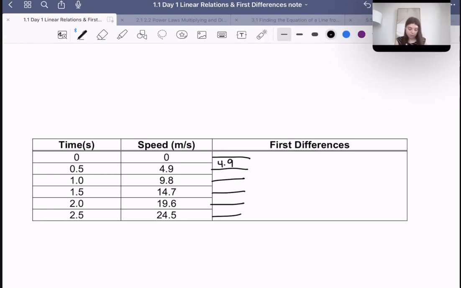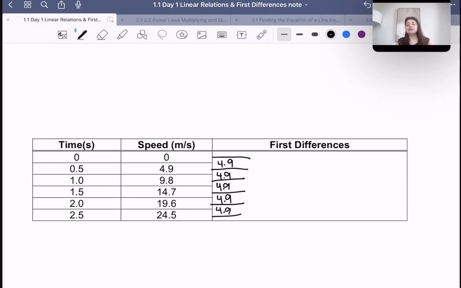What about 9.8 minus 4.9? That is also 4.9. What about 14.7 minus 9.8? That is also 4.9. Now, what about 19.6 minus 14.7? That's also 4.9. And then our last one, 24.5 minus 19.6, is also 4.9.